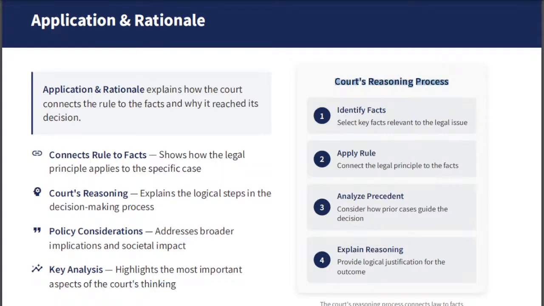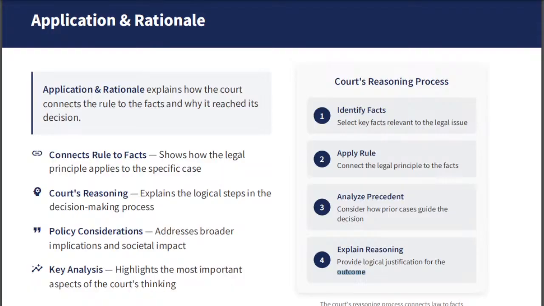So here's our court's reasoning process. Identifying the facts, select key facts relevant to the legal issue. Apply the rule, connect the legal principle to the facts. Analyze a precedent, consider how prior cases guide the decision. And explain reasoning, provide logical justification for the outcome.